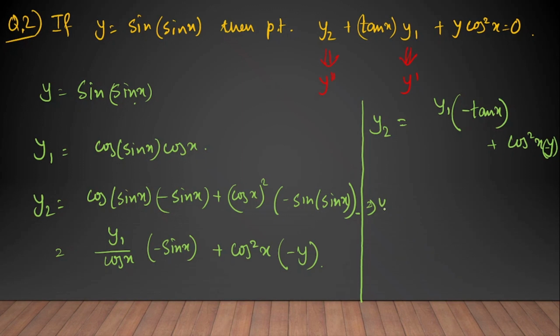So we can write it over here, y2 plus tan x into y1 plus y into cos square x. Sorry, this is plus, not minus, equals 0. This is the answer of the question and we have proved it.